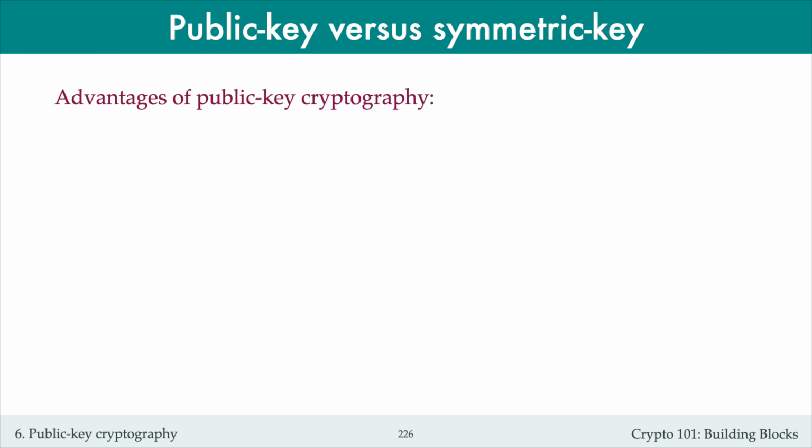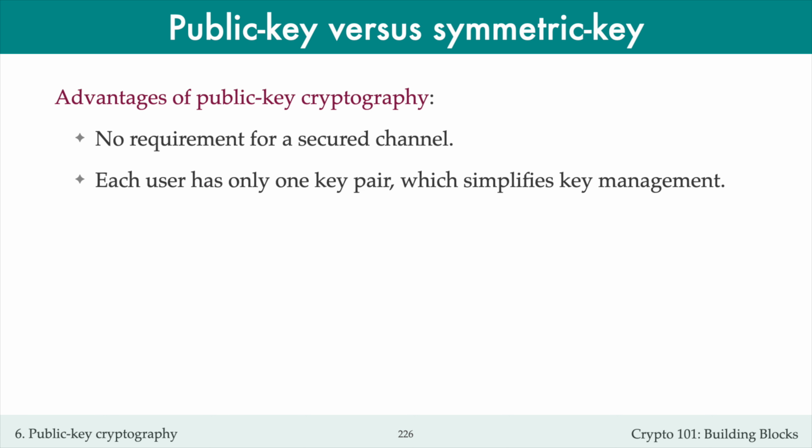We can now see how public key cryptography overcomes the drawbacks with symmetric key cryptography. There is no requirement for a secure channel. However, there is a requirement for an authenticated channel. Each user has only one key pair, which simplifies key management.